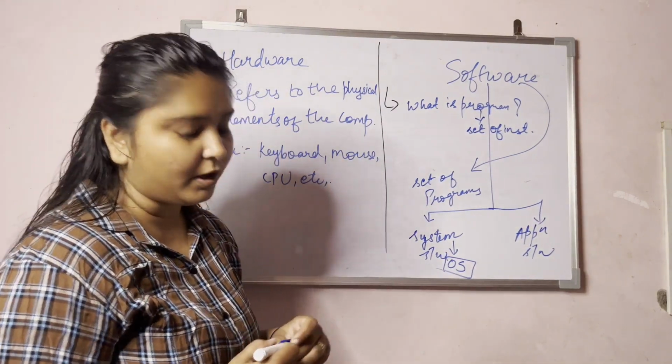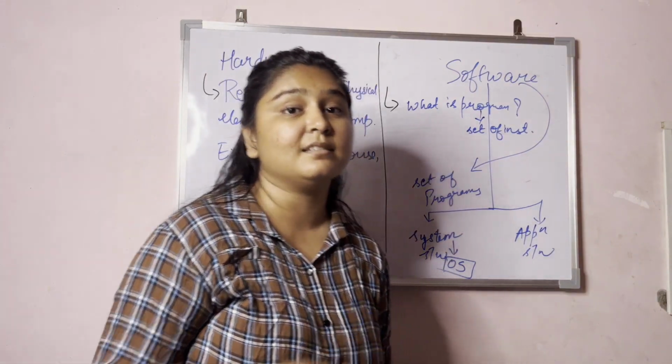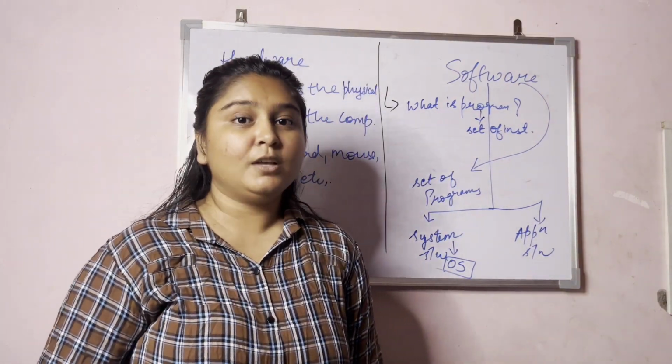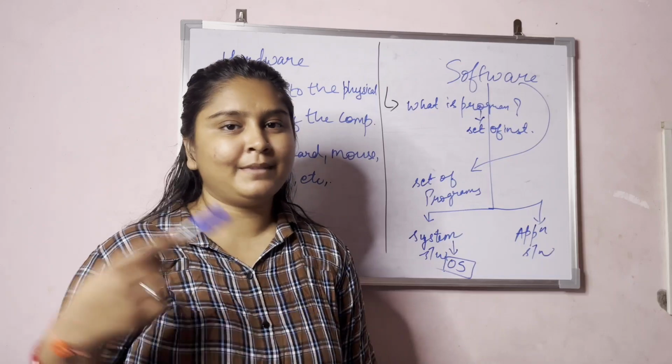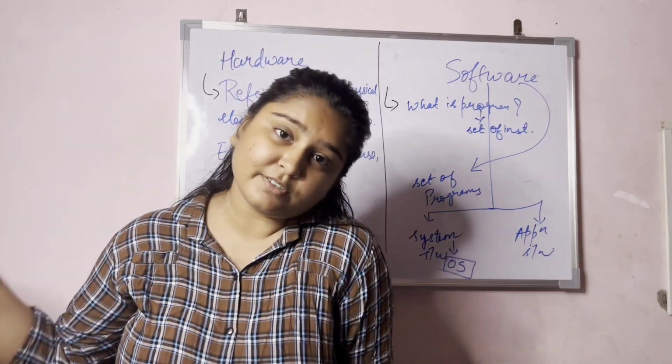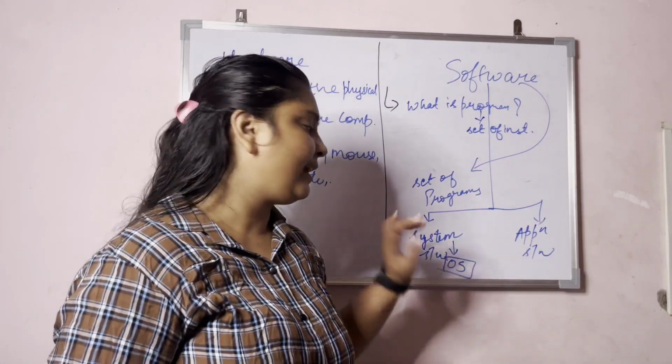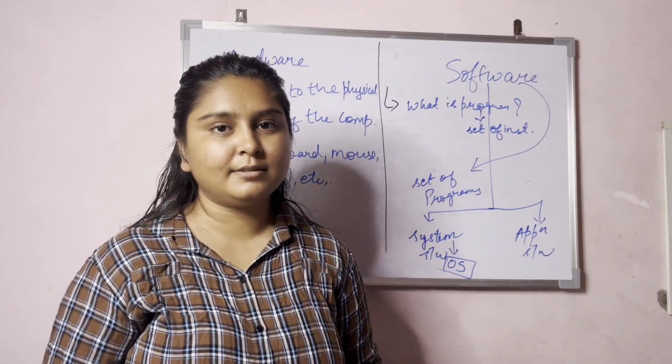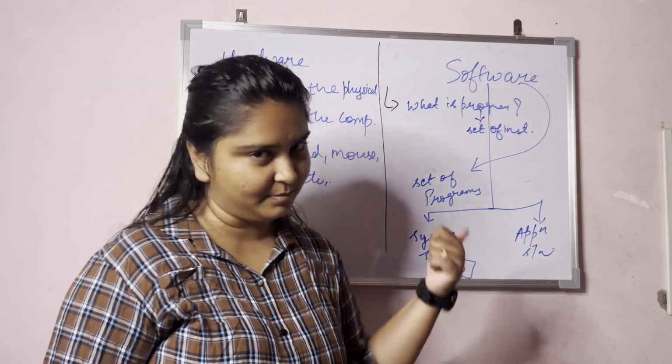The operating system of our computer can be considered a system software. Examples for it can be Linux, Windows, Kali, Ubuntu, etc. So these are the examples of OS, and OS is the system software.